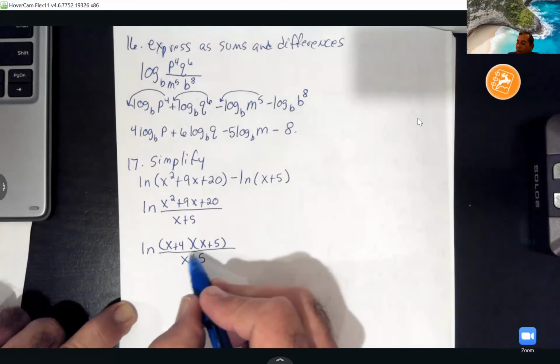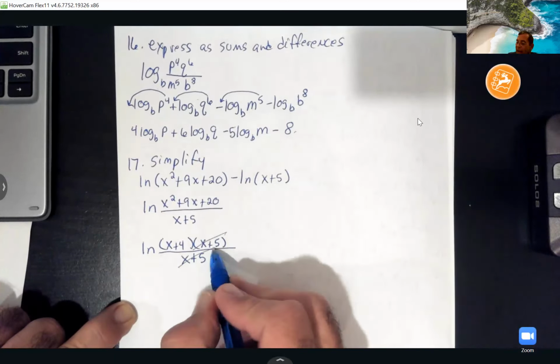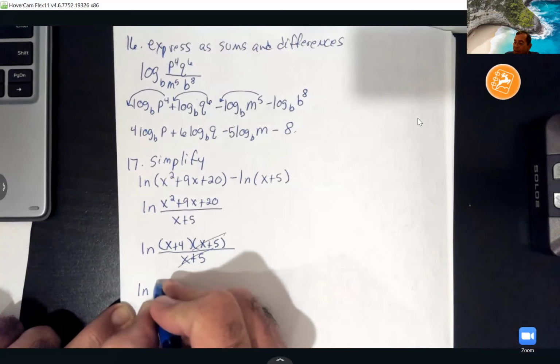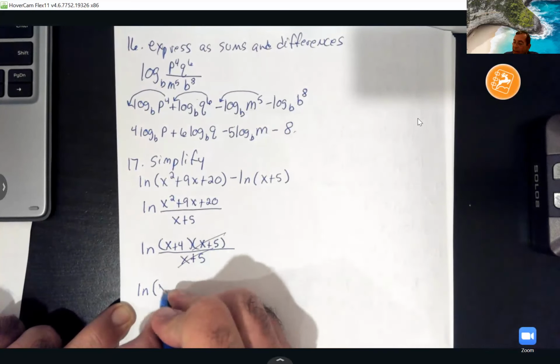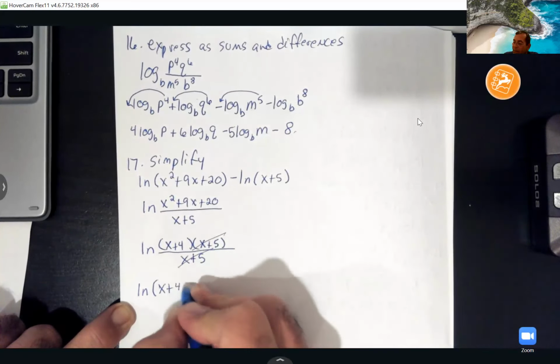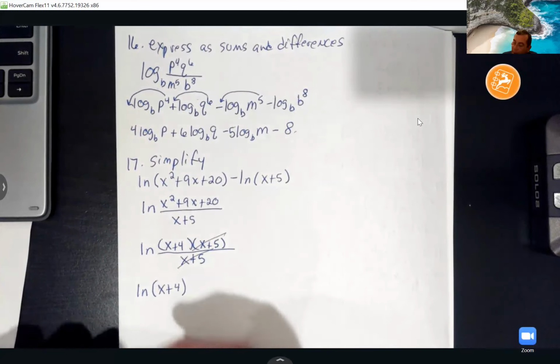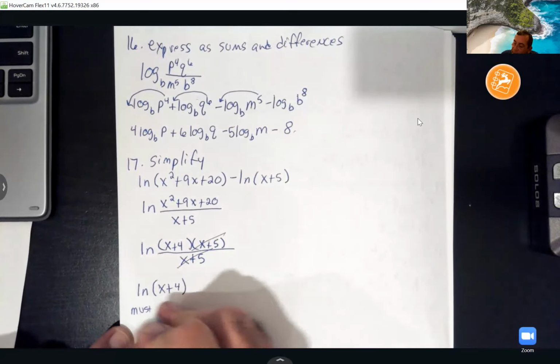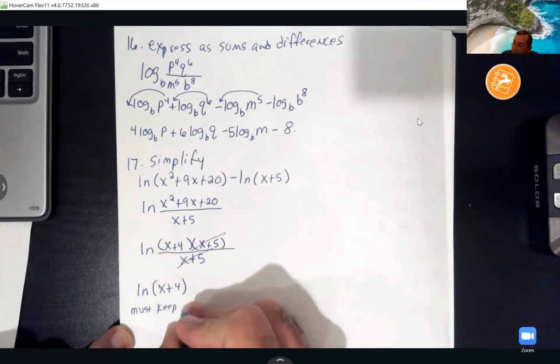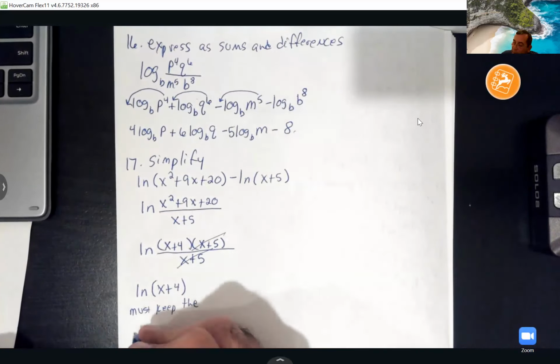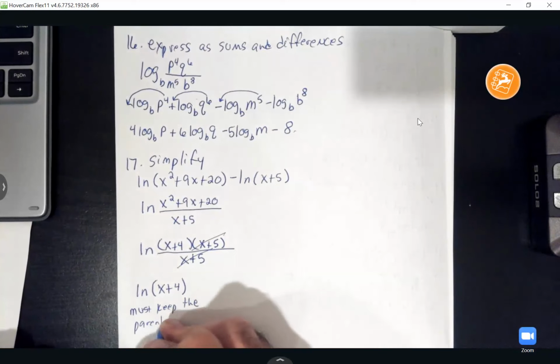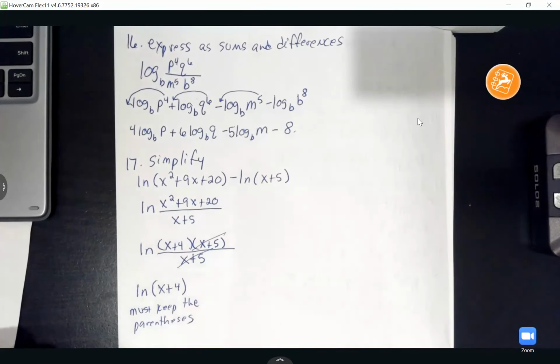Then you're going to cancel out the x plus 5s, and your final answer will be ln of x plus 4. Y'all, it's very important: you've got to keep the parentheses on this answer. So we must keep the parentheses.